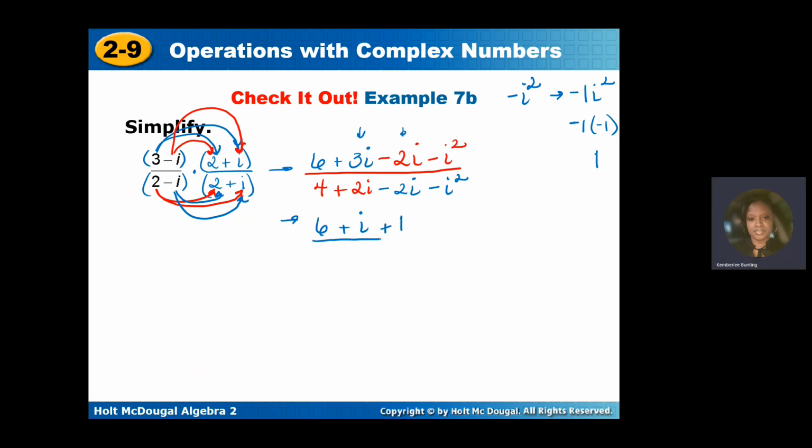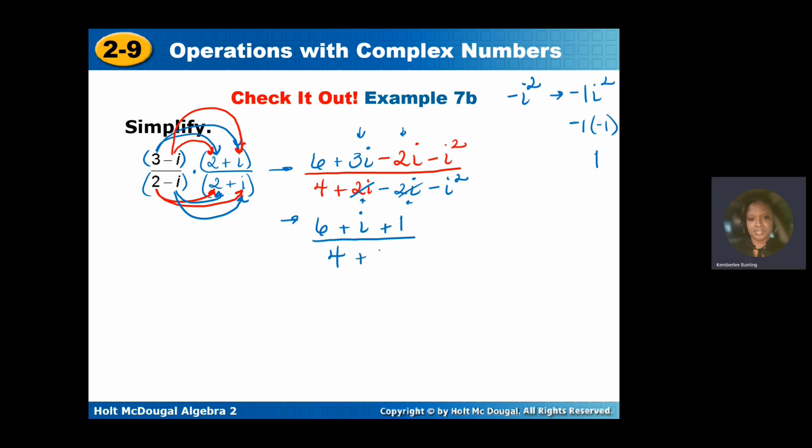And that's all over. I'm going to do the same thing down bottom. Find my like terms. Here they are. 2I, negative 2I. 2I minus 2I is 0. They cancel out. I'm just going to cross them out. We okay with that? So I'm going to write down my 4. Right? And we just talked about what negative I squared is equal to. What is negative I squared equal to?